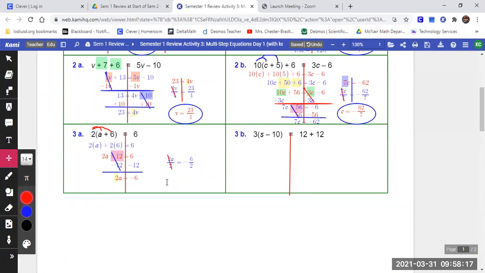Right? All we have left on the left-hand side is what? What's left once the 2 is gone? What stayed behind?